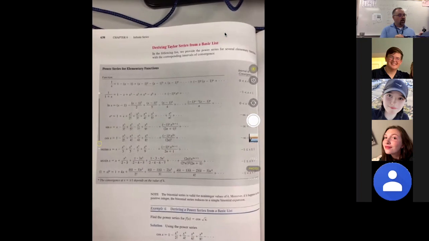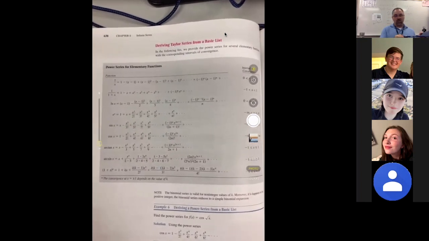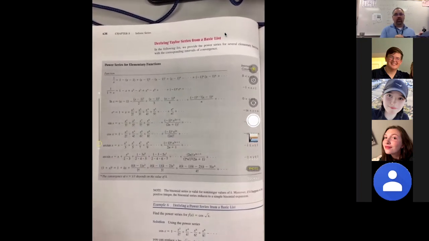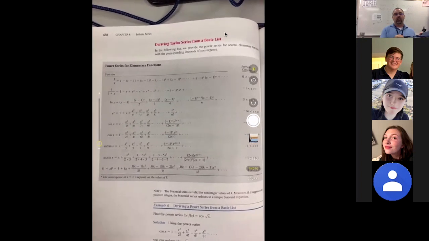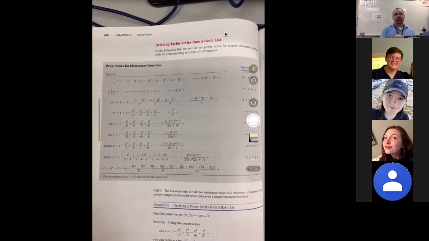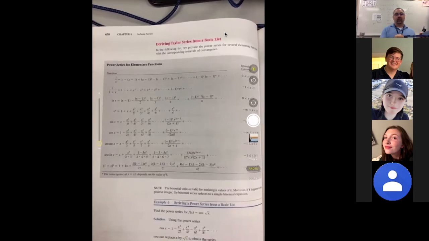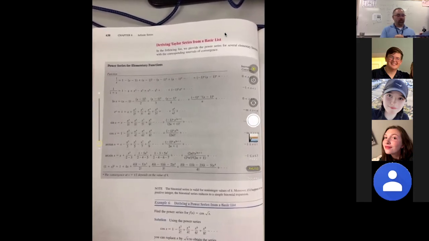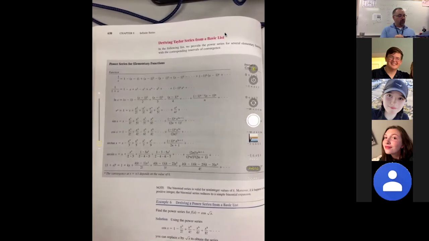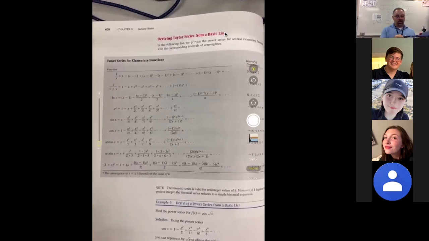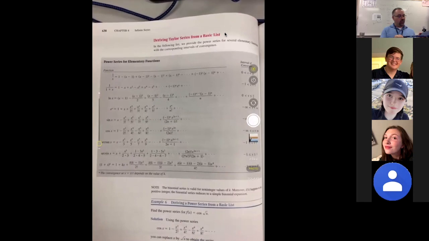You can see that we have a few of the ones we've already worked with: 1 over x plus 1, natural log of x, e to the x, sine of x, cosine of x. They actually gave you a nice one for arctan and arcsine as well. And at the very bottom they give you one for a binomial.